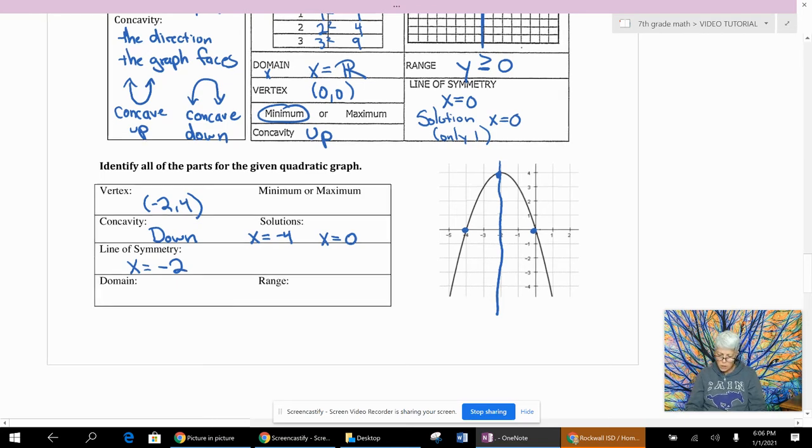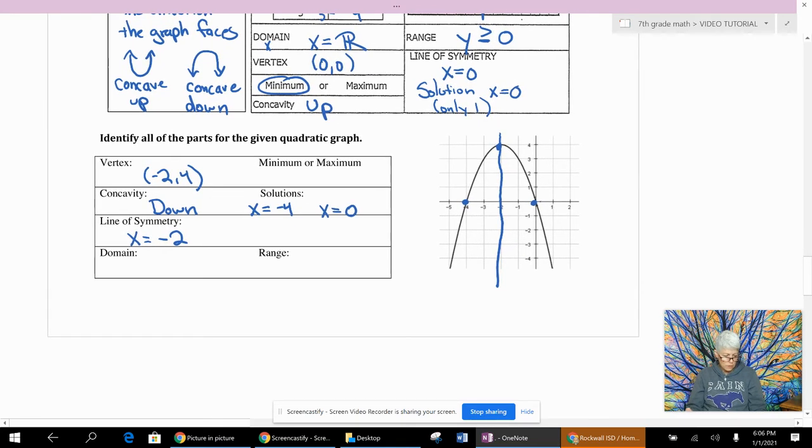And then the domain is, remember, the domain on this particular parabola, now I have to add something because I want to follow the key that I have. So we're going to just say that there's dots on the end. It could be arrows. We don't know for sure, but I'm going to go ahead and put dots on the end so that I can explain this domain.